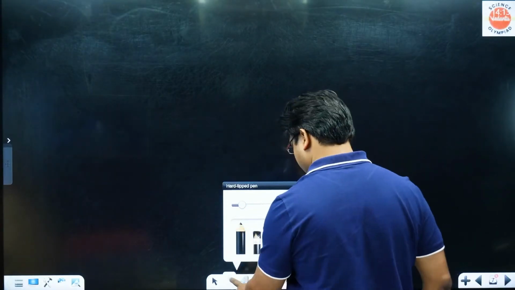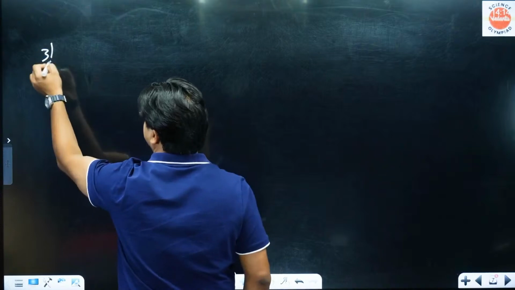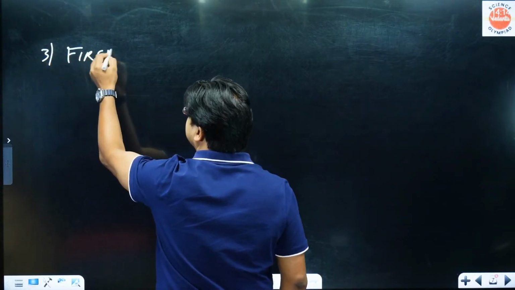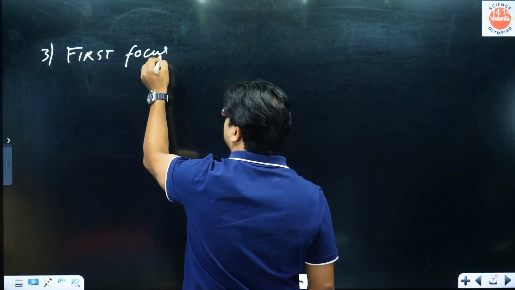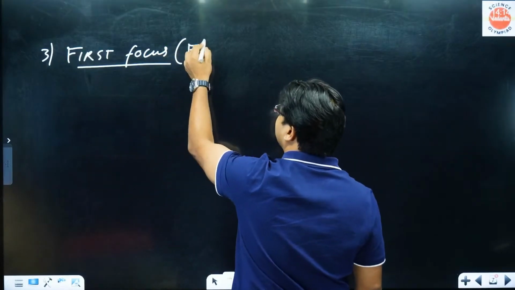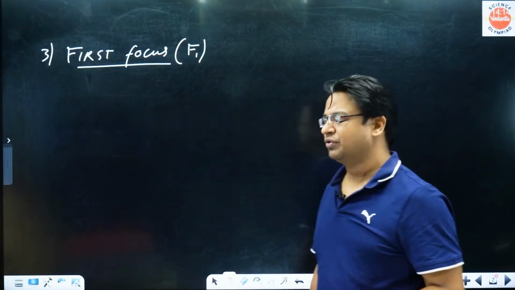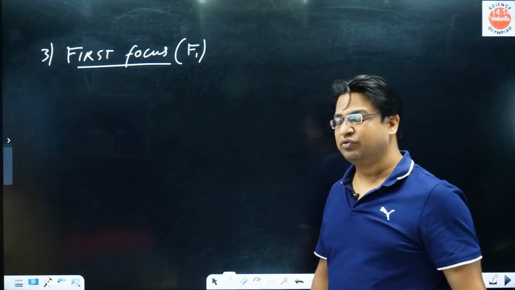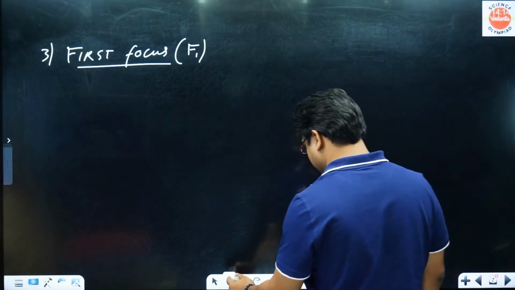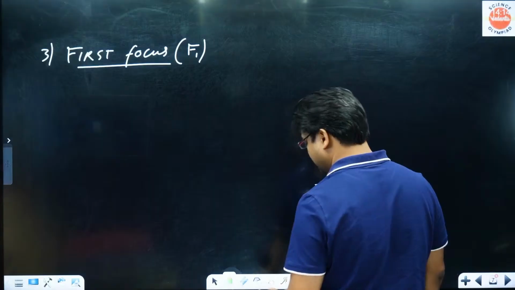Now we'll move to the next term. The next term is what we call the first focus. Unlike the case of a mirror, where we talk about only one focus, in the case of lenses we have two foci. So what is it?